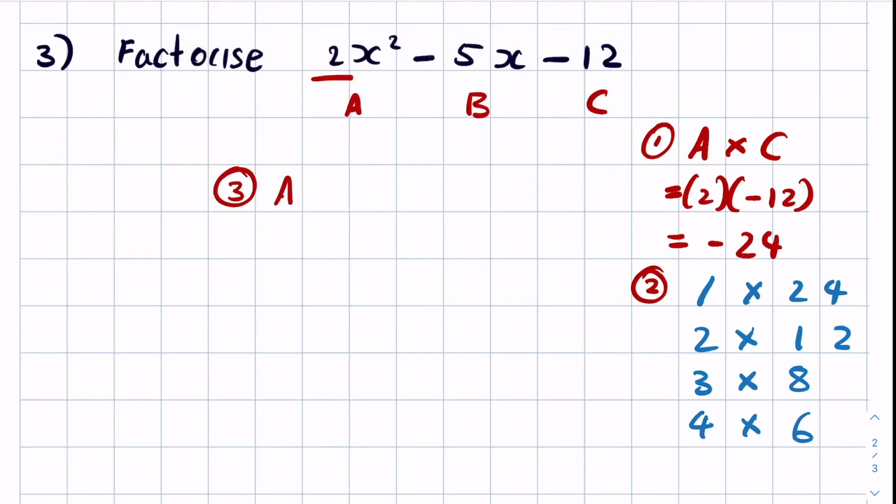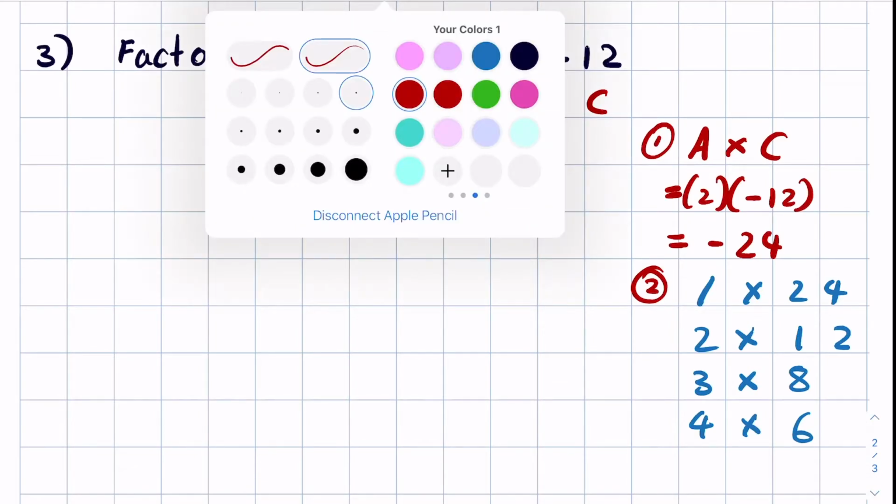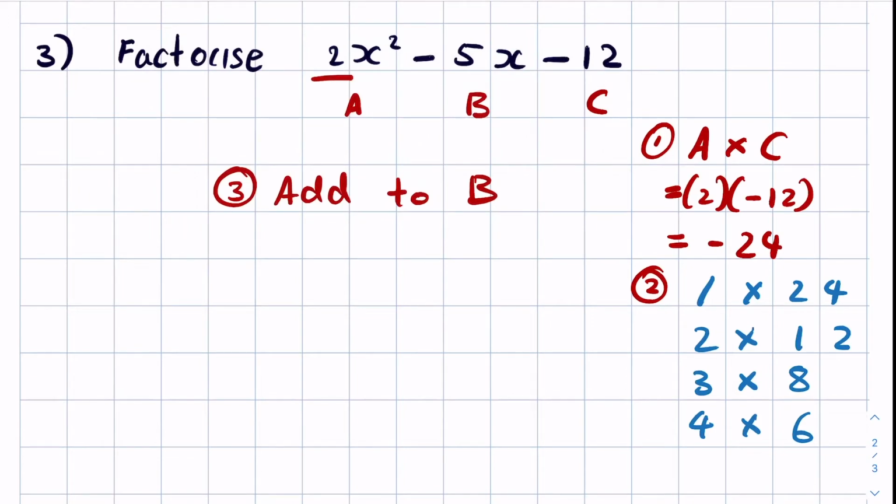Step 3 is to add them together in order to find B, which is negative 5. So look at this, it can't be 1 and 24 or 2 and 12. It could be 3 times 8, but it's not 4 and 6. So it has to be 3 and 8.